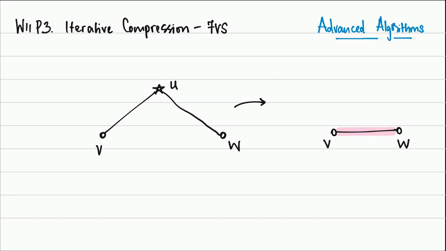So the point here is to not touch the budget at all and not make any commitments towards picking vertices in the FVS. Instead, all we are saying is that we will preserve the structure of all the cycles by simply remembering the presence of the vertex u via its neighbors, via an edge between its neighbors. And this is where we may lose the invariant that the graph is simple.